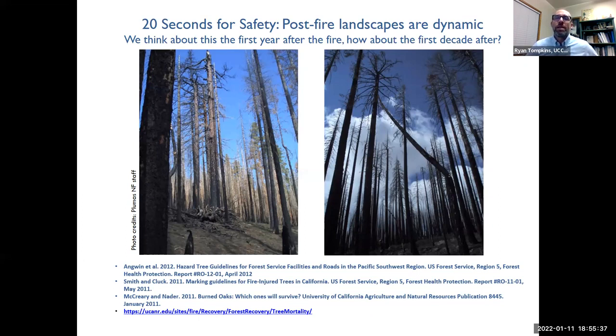But when you're thinking about your plans, particularly if this is your own property or where your residence is located, I really want you to think about safety, both in the first year after the fire and extending into the first decade after the fire. And the first is the immediate hazard.